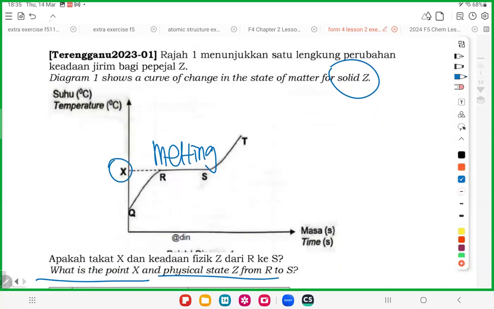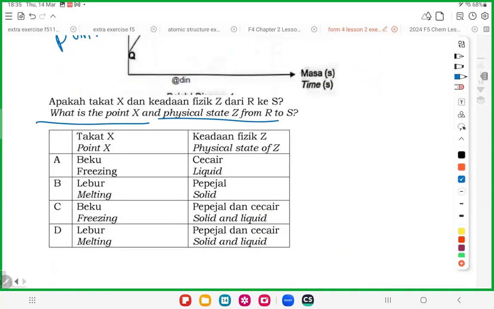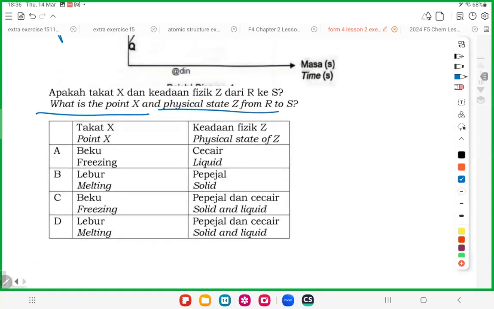When this is melting, point X is the temperature where melting occurs. So X is the melting point. Melting point is the temperature where we have the melting process.